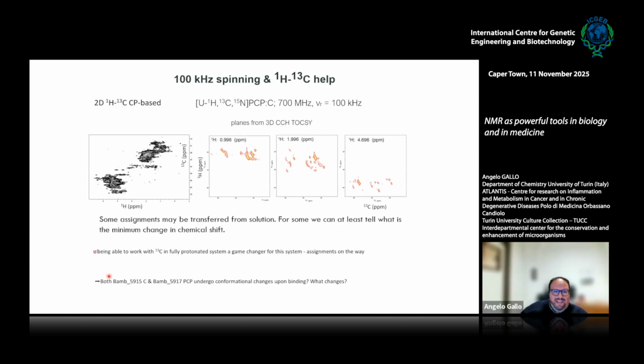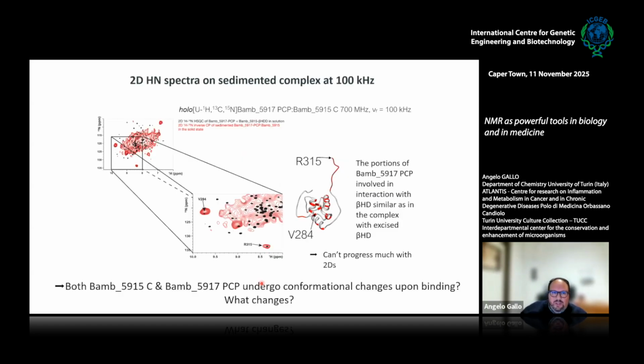But then the question is how we can map this interaction on C15 and PCP17 without excluding the conformational change. We need to understand which residues are changing, okay? And this confirmation in solid state came immediately up with the C-terminal, like in solution, and a lot of residues in the hydrophobic core.